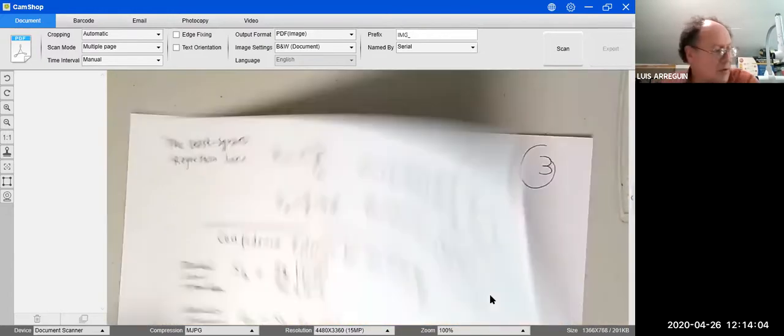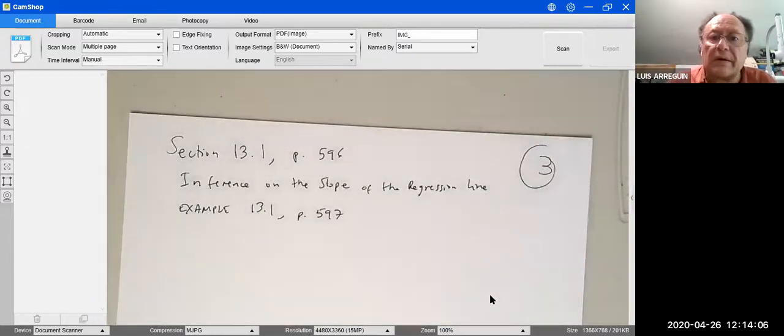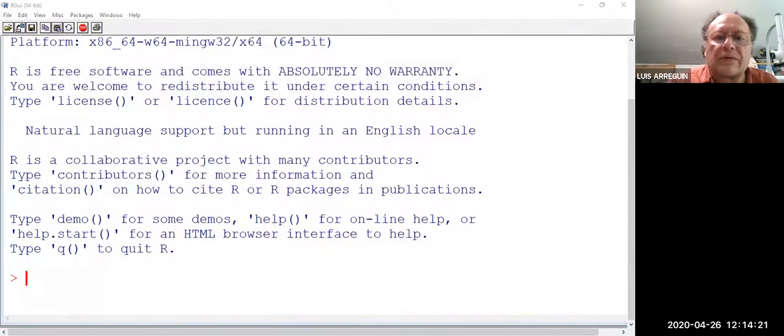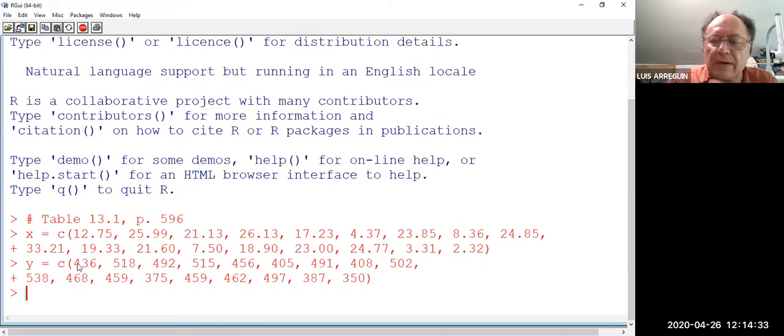So I'm going to move to our console, which is over here. We're gonna start entering the values for the table. I have here values for X from my table, values for Y for that table.